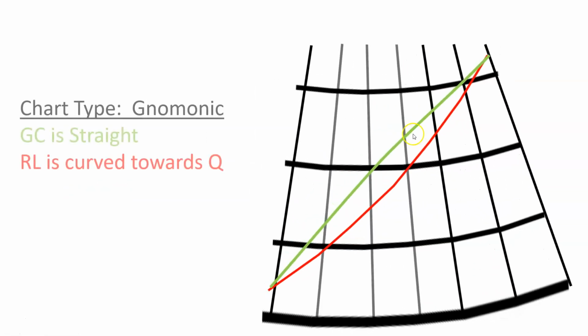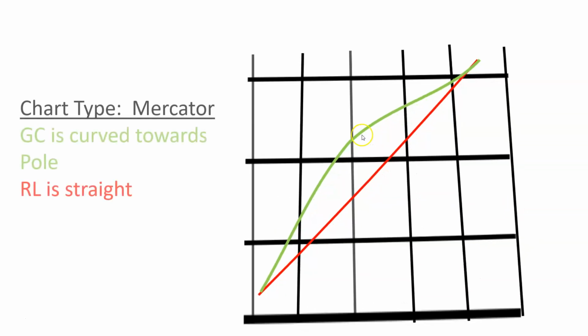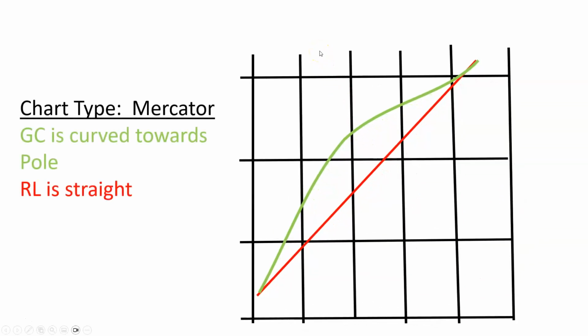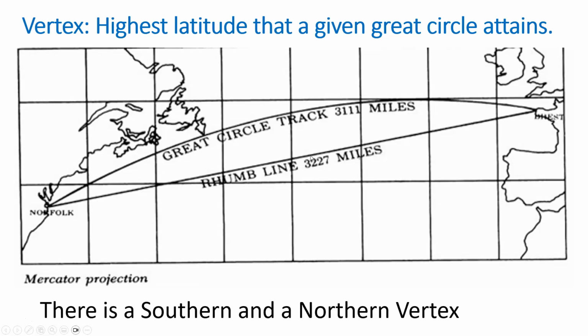On a gnomonic chart, the Rhumb line was curved towards the equator. And on a Mercator chart, the great circle is always poleward. It's always curved towards the pole. And so if you follow a great circle, you'll always go closer to the pole than you will on an equivalent Rhumb line.